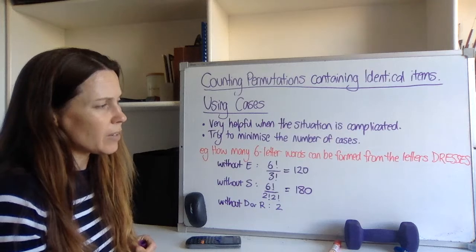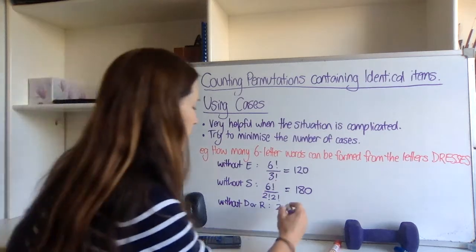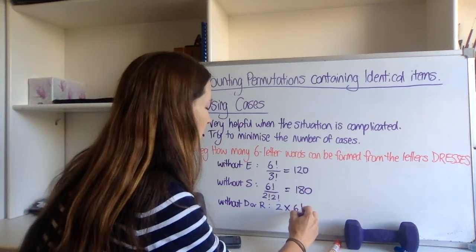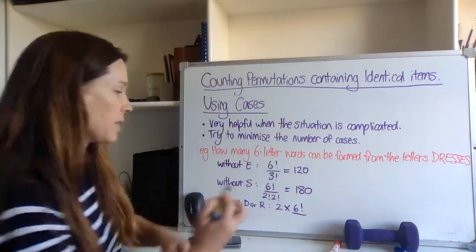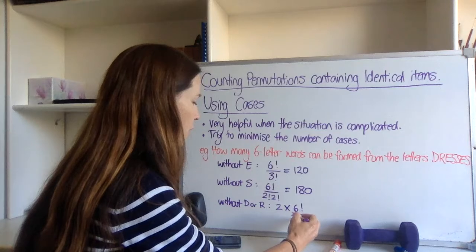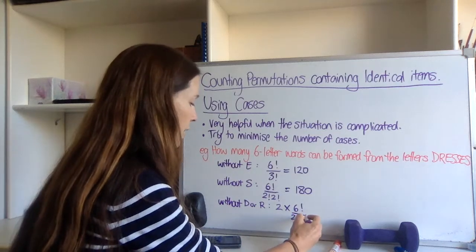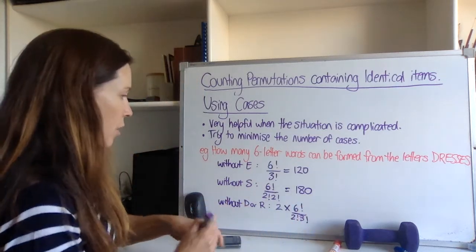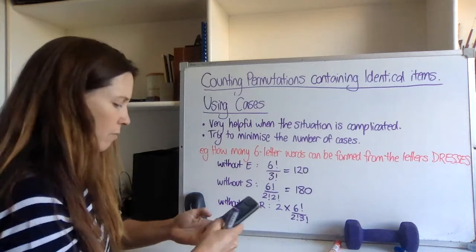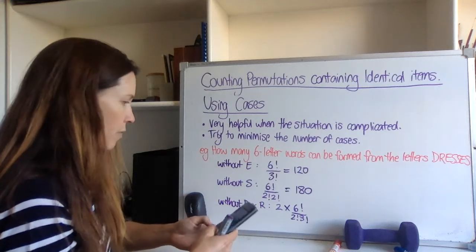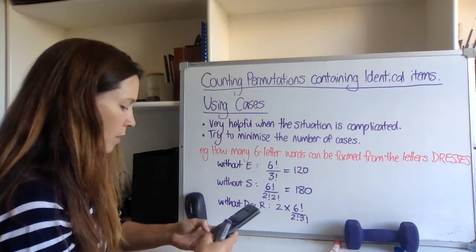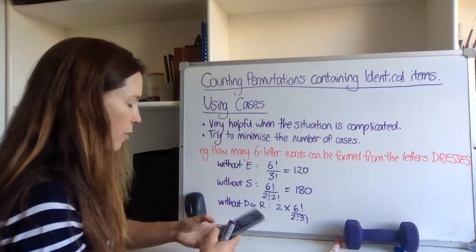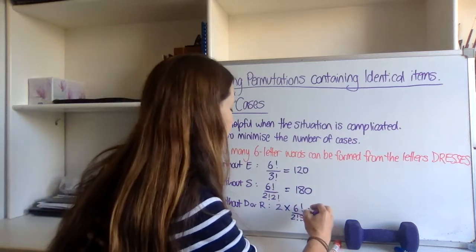So leaving out the D or the R is going to leave us with 6 letters, and they can be arranged 6 factorial ways. But importantly, we're still going to have 2 E's and we're going to have 3 S's in it. So we're going to need to divide by 2 factorial, or just 2, and 3 factorial. So we've got, oh no, we haven't done that one yet. We need to do it again. 6 factorial over 2 times 3 factorial, and then we need to double that whole thing. So we'll end up with 120.